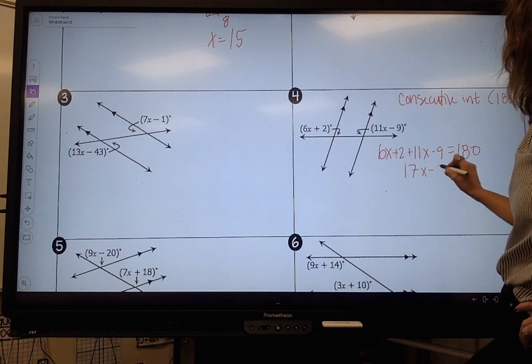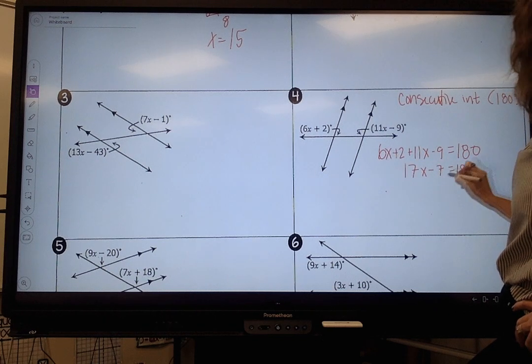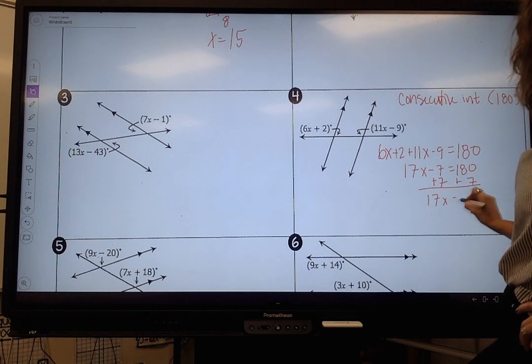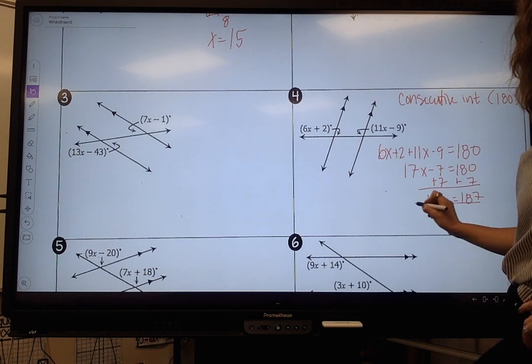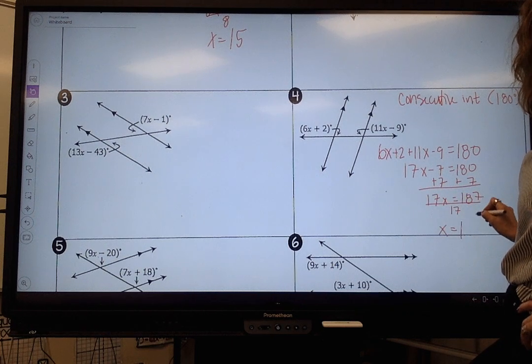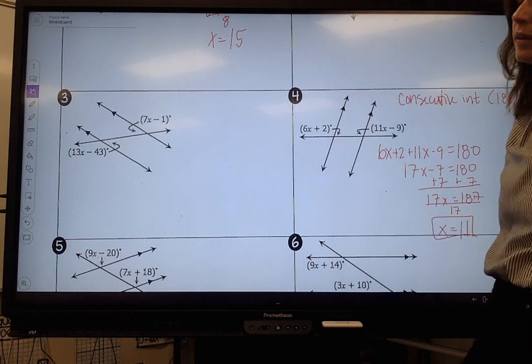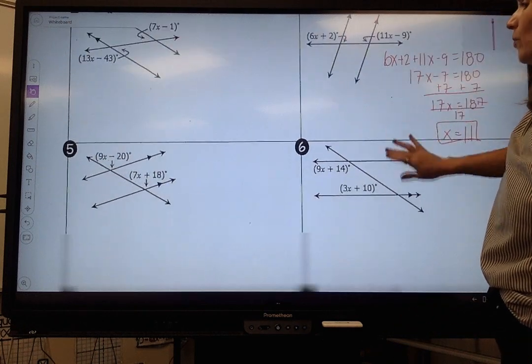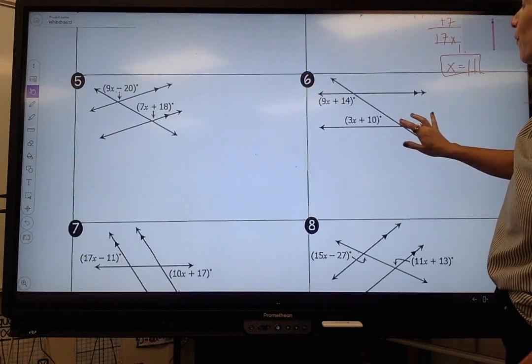Combine like terms. I'm adding 9 to both sides, 17x equals 187, so x equals 11. And all I'm doing is solving for x. So x equals 11.